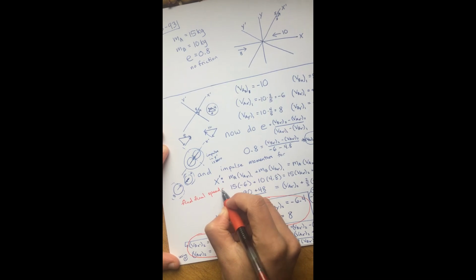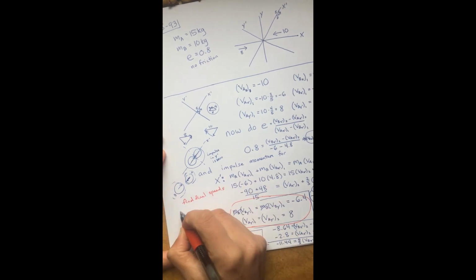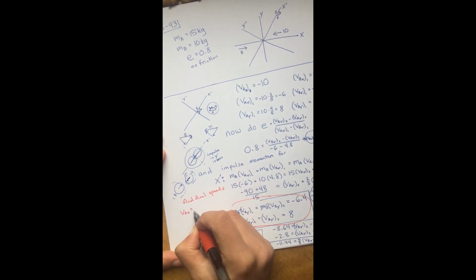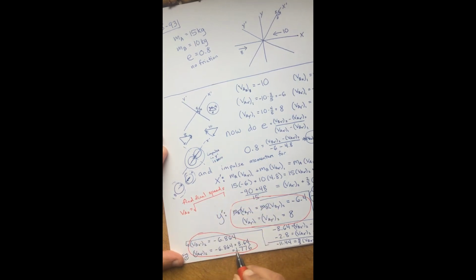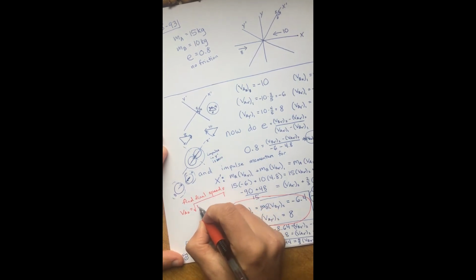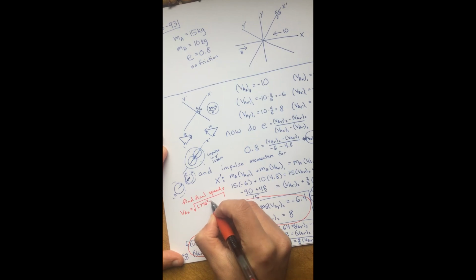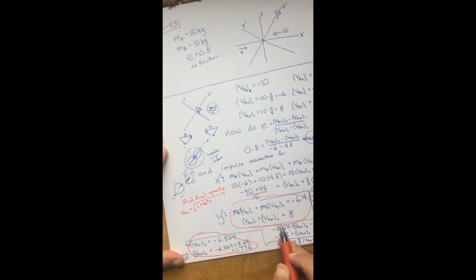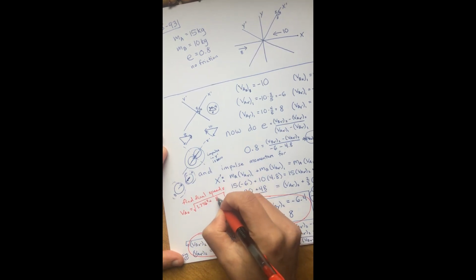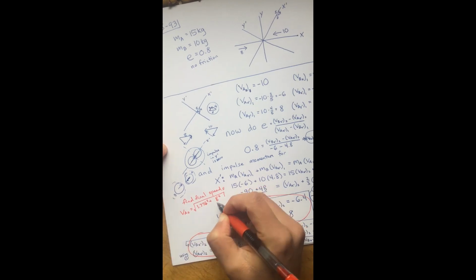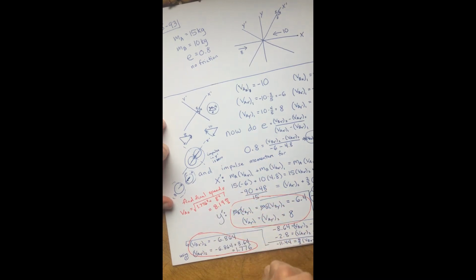To find the final speeds, VA2 is equal to the square root of the x prime component for VA, 1.776, squared, plus the y prime component, 8, squared. This gives me 8.19 meters per second.